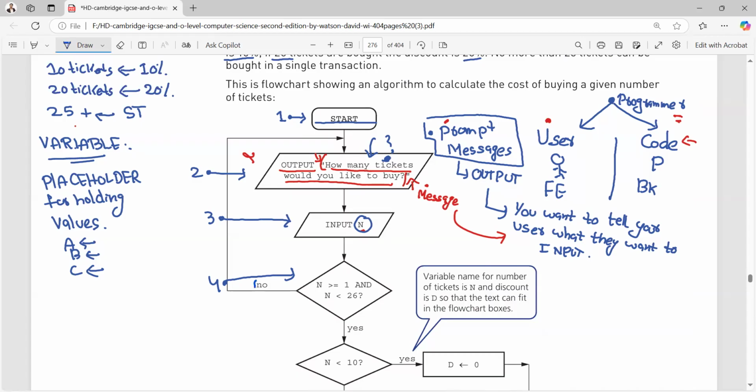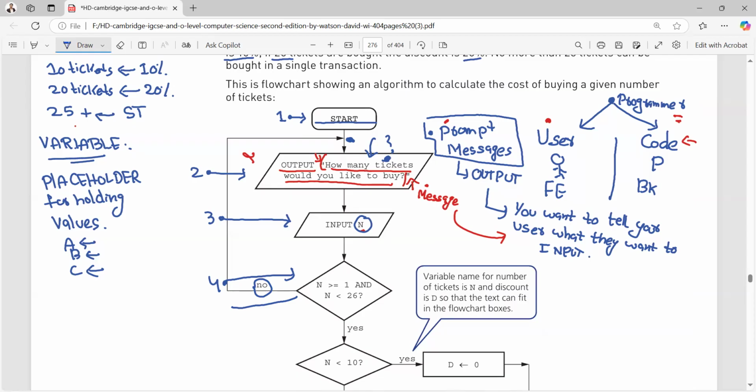So it says no, and it leads you to start again from this part. Can you tell me what this means? This tells us to repeat the program. It's going to take us back to the start again, and it will keep going until your value is the one that is accepted.